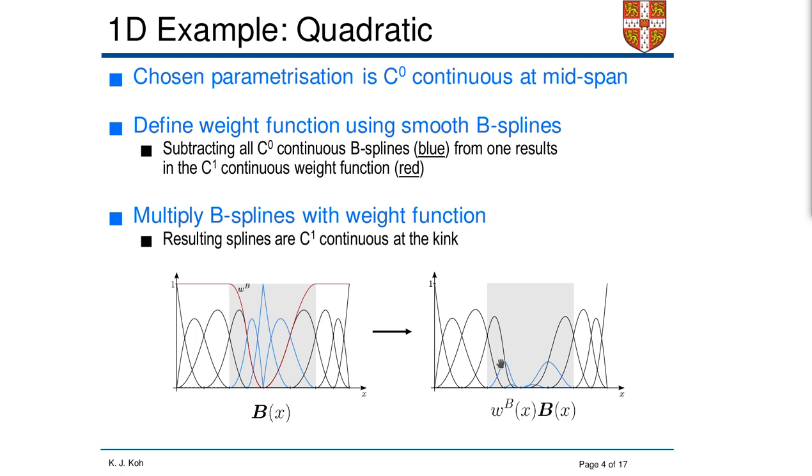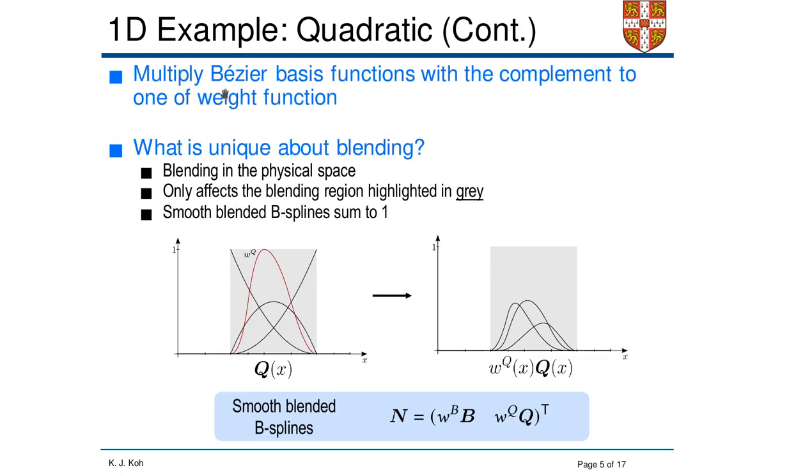However, as you may have noticed, the splines here don't sum to 1, especially in this gray region here. That means we lose the partition of unity property. And as a solution, we introduce the Bézier basis functions in the physical space, in this case, quadratic Bézier basis functions.